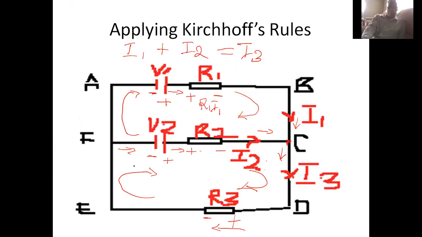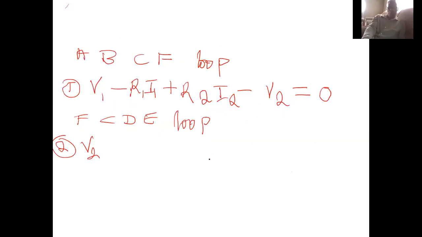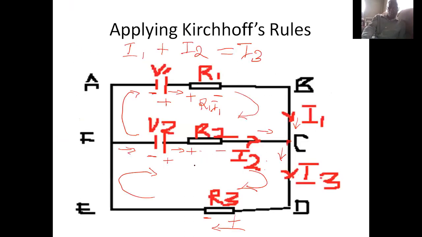And then when we come here, R2, there is a drop in potential here. This one will be negative. So we're going to have negative R2 multiplied by current number 2. And then we are moving in that direction.